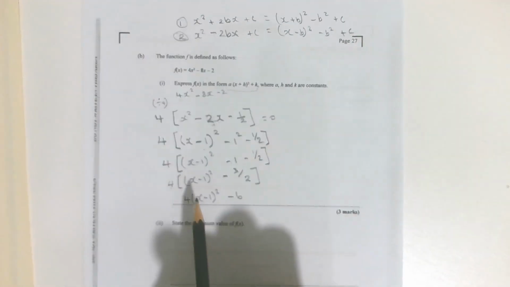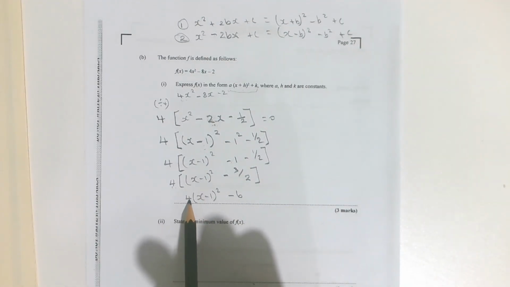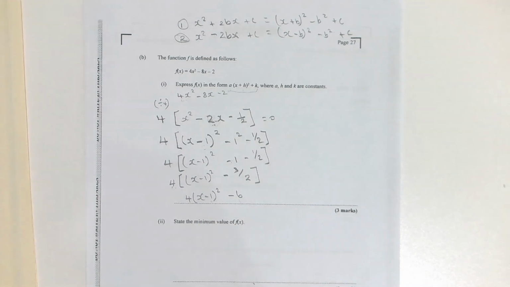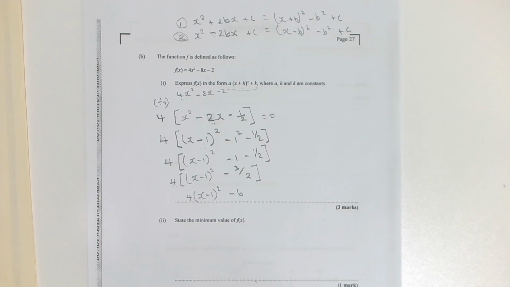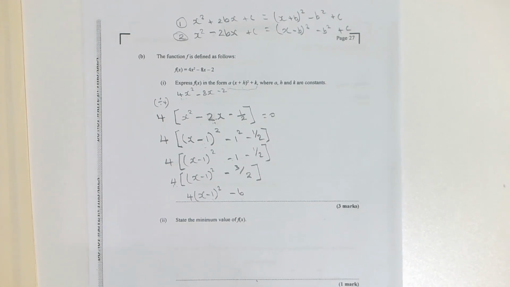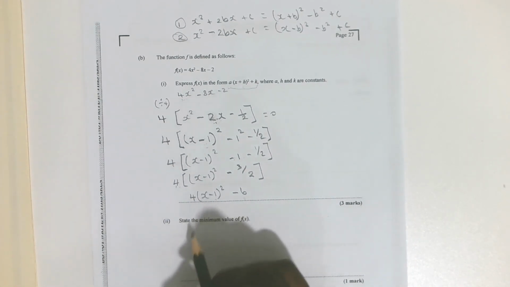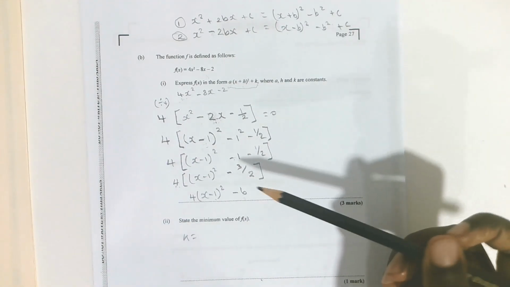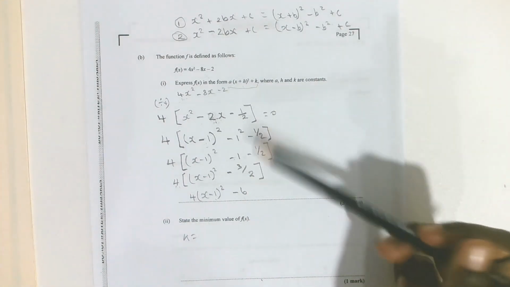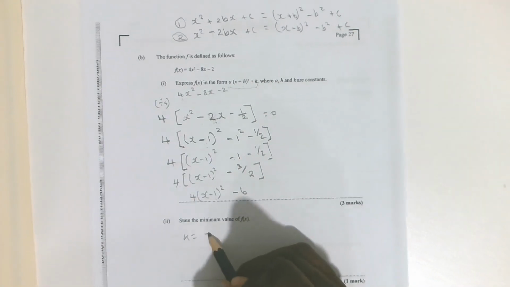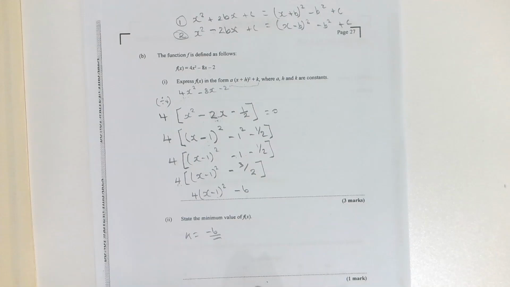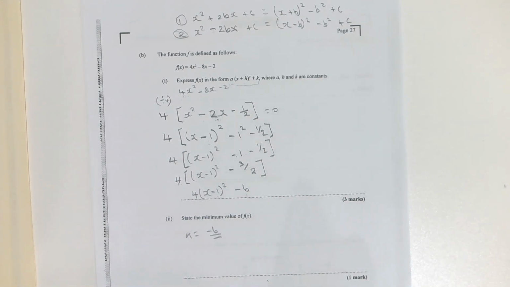And we're going to have our a value, our h value, and our k value. We're now asked to state the minimum value of f of x. And to find our f of x minimum value, it's going to be our k value. From what we've just worked out here, our k value is -6. So that is our minimum value. And then we're asked to determine the equation of the axis of symmetry.